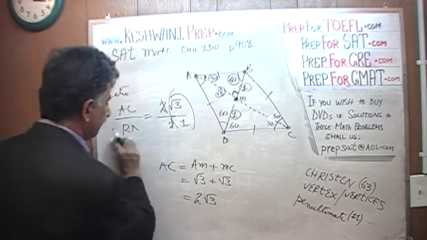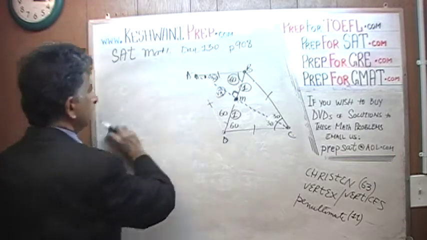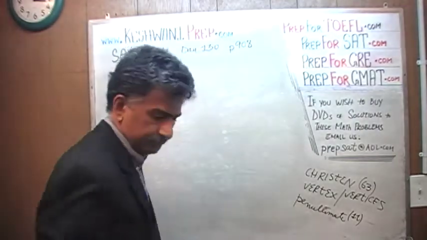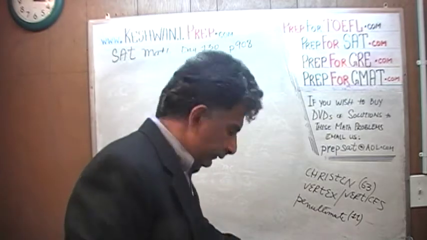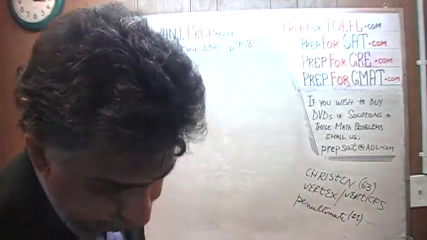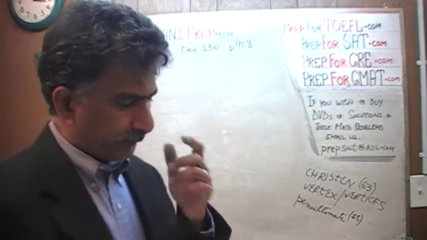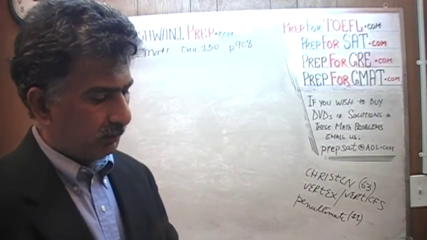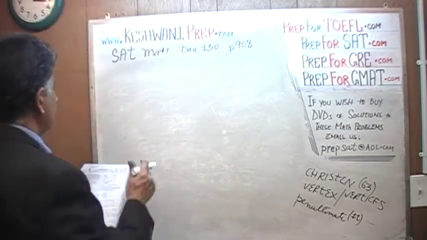Number 19. It says the cost of maintenance of an automobile increases each year by 10%. Alright?